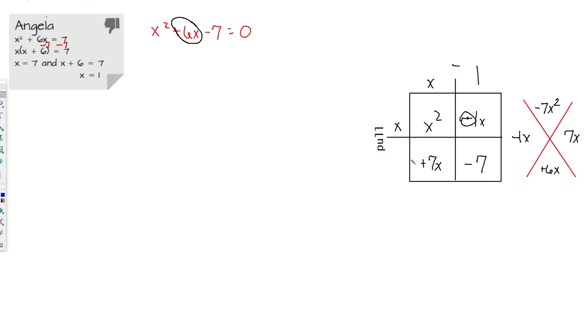X. In my second row, 7, and it's positive because my sign closest is positive. So x minus 1 times x plus 7 is equal to 0. And so either x minus 1 equals 0 or x plus 7 equals 0. And so x is either equal to 1 or x equals negative 7.